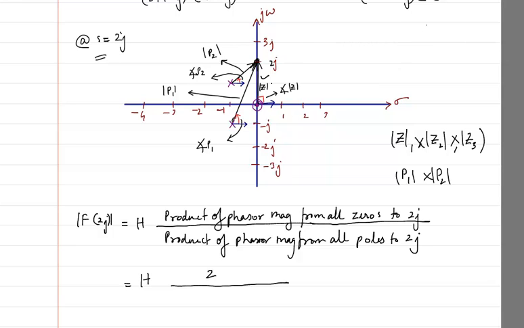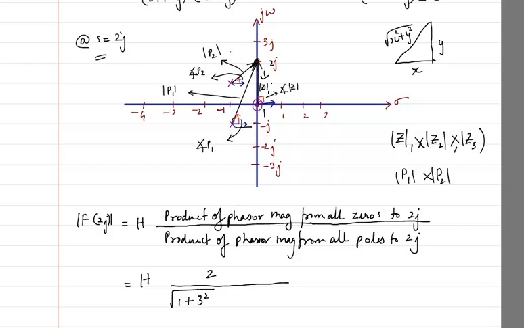I can calculate it using the Pythagoras theorem: if this is x and this is y, then this will be the square root of x square plus y square, correct? So here this length is 1 and this is 3, so it is the square root of 1 square plus 3 square.